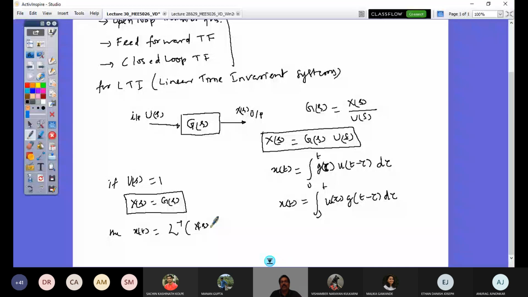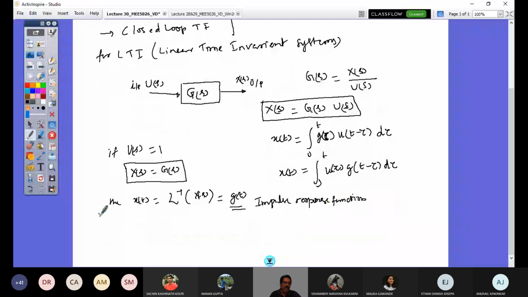So that's going to be simply g of t. So what is g of t? It is what is called an impulse response function. Also, some textbooks call this function the weighting function of the system, right? So this g of t is the response of an LTI system to a unit impulse input. That's what you have to see.